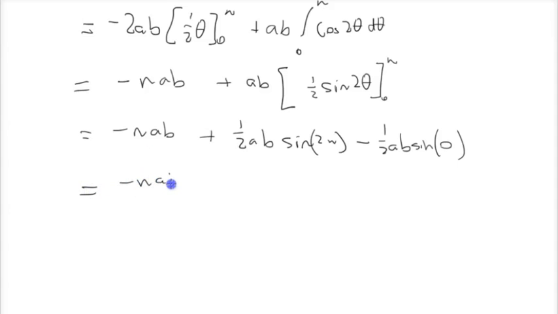And so we're going to bring down this negative pi ab plus, and then sine of 2 pi, that is 0, minus, and then sine of 0 is also 0. So we come out with that area being negative pi ab.